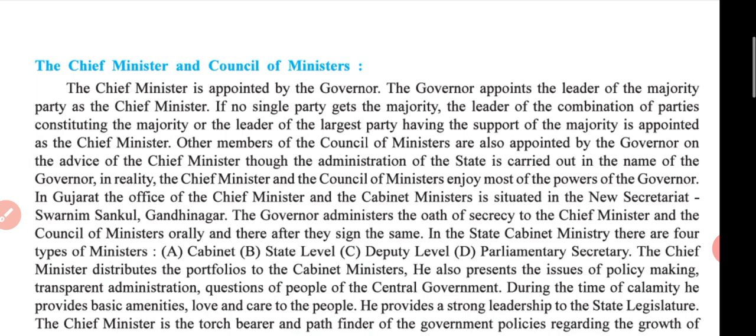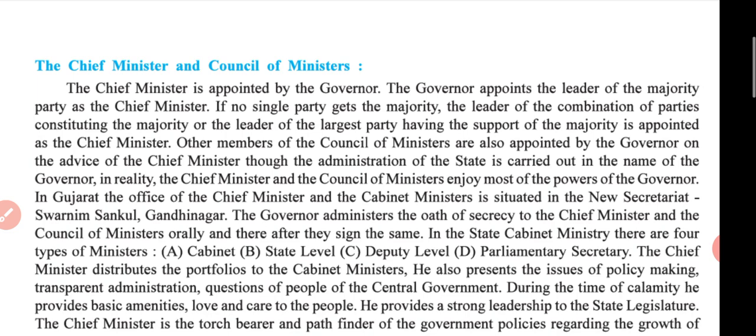Normally the chief minister is appointed from the majority party, but if no single party gets a majority, then this rule applies.